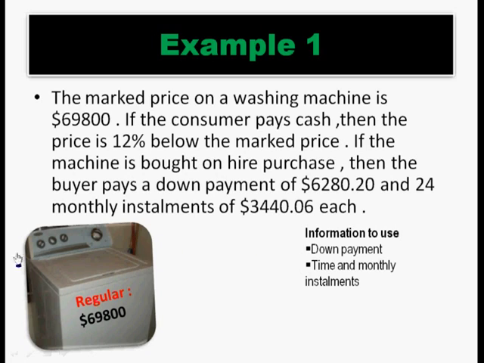So the time is 24 months. And of course, the amount that you're going to pay as an installment is $3,440.06 each. Alright, and what are we going to find now? Yes, we're going to find the hire purchase price.